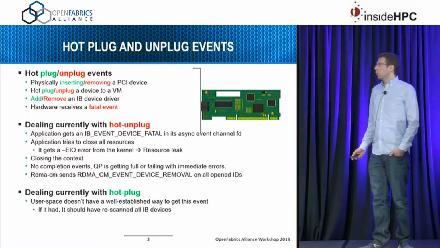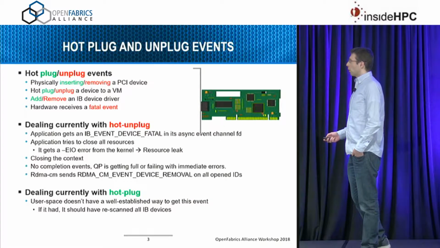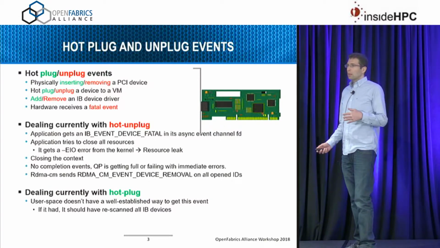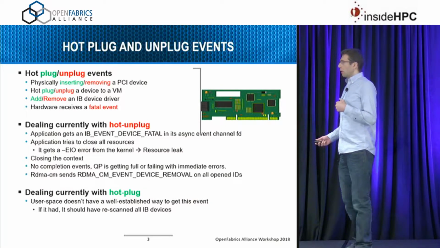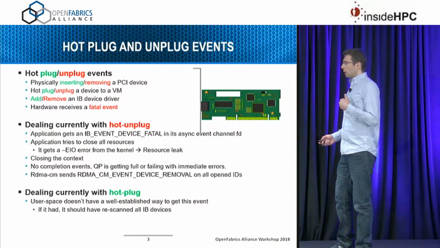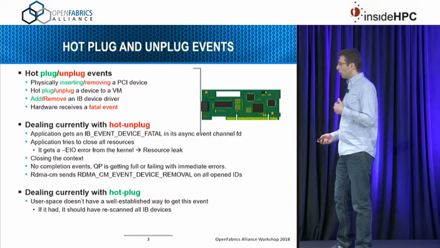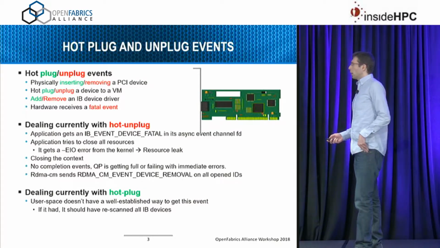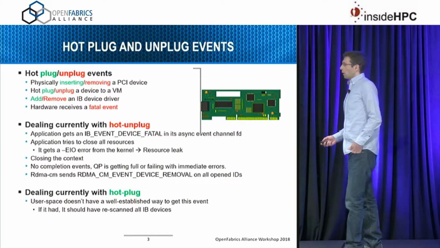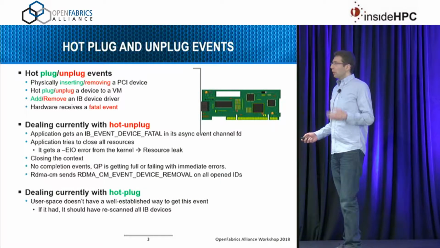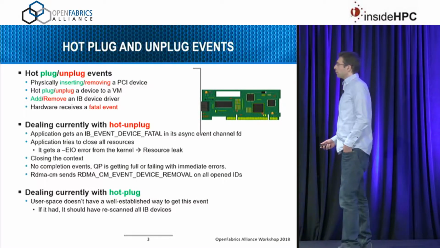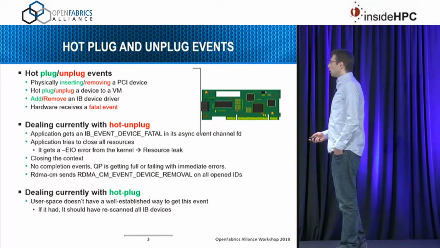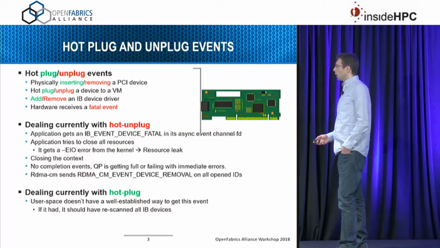Basically, this will cause a leak because we have a context in the app, and the close call will get the error, and then it won't free up the space. So this is the major thing here.